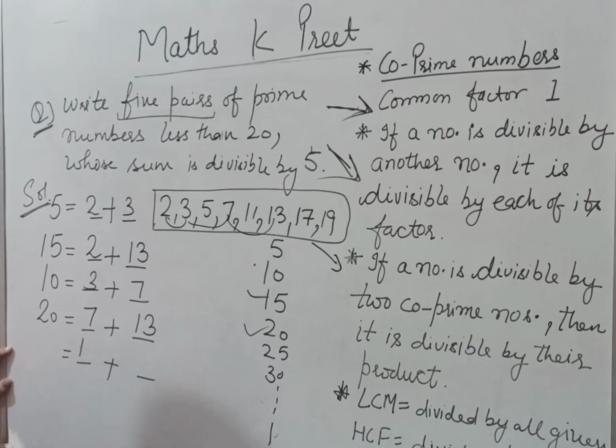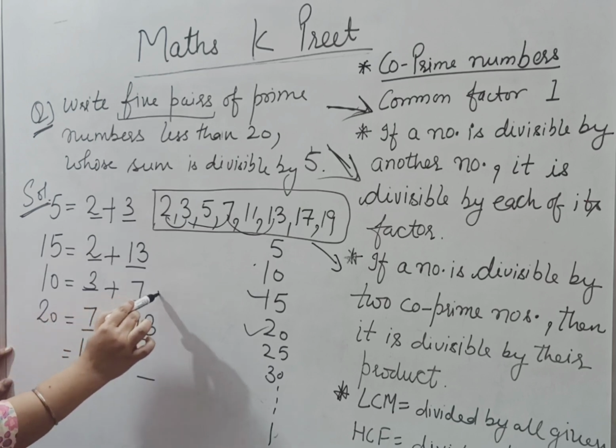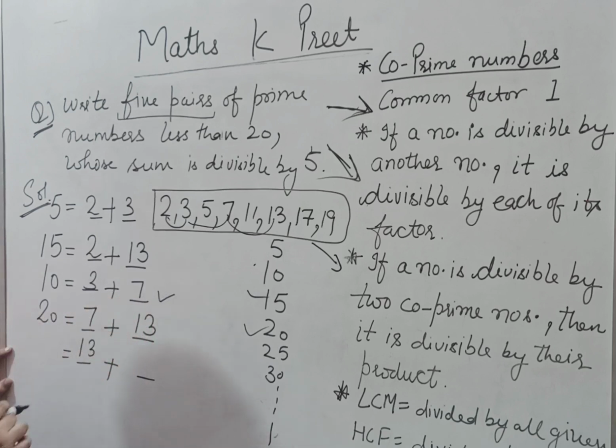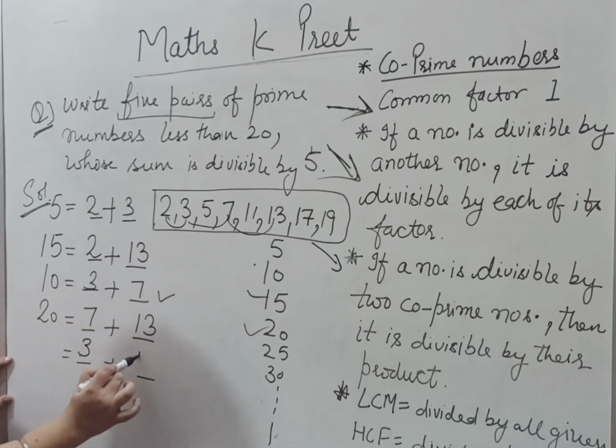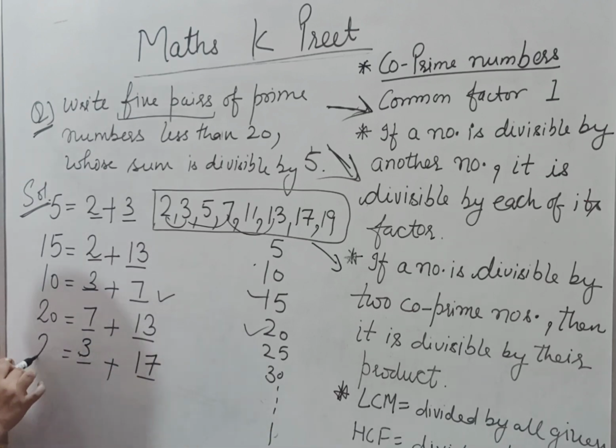Next, 13 and 2 we have done, 3 and 7 done, 3 and 17 we are left with. One more pair we get is 3 and 17. This is also 20 and it is divisible by 5.